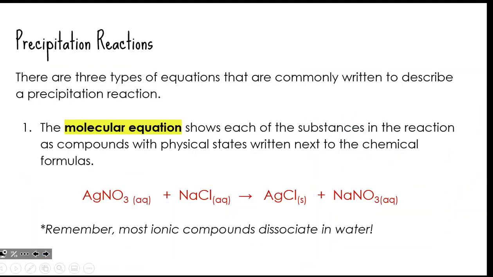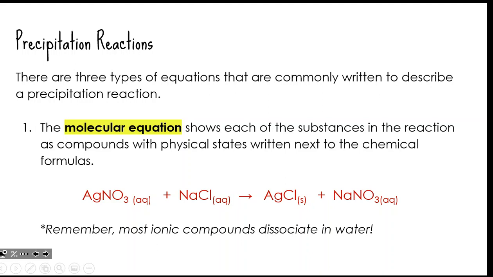Okay, so I realize this is not necessarily in the paper notes, but you can write it on the side there, at the top next to the chart or on the other side of the paper. But it's in paragraph form on there. The molecular equation shows each of the substances in the compounds with their physical states written next to the formulas.